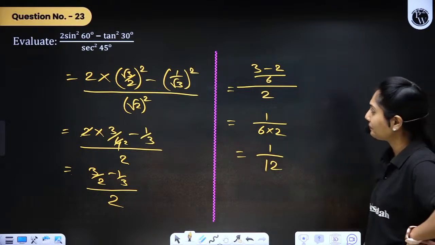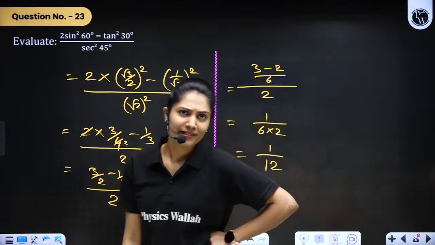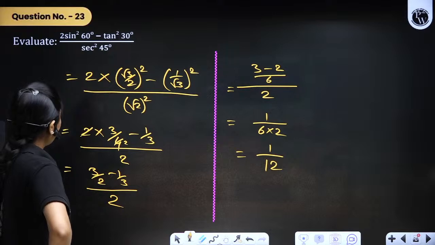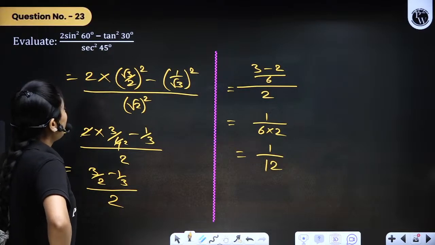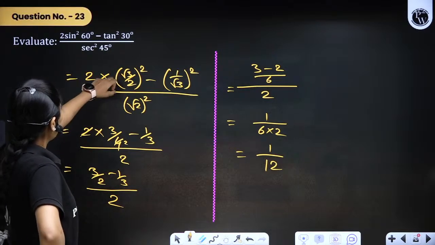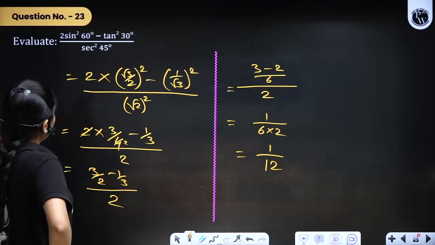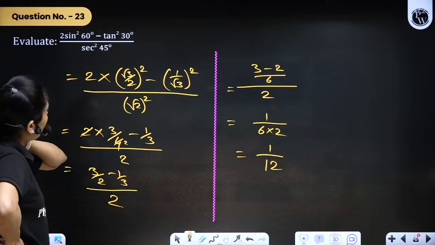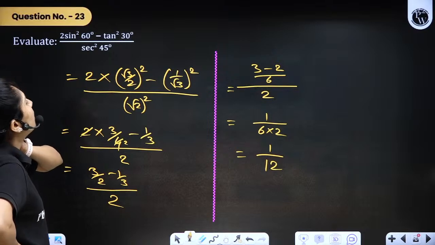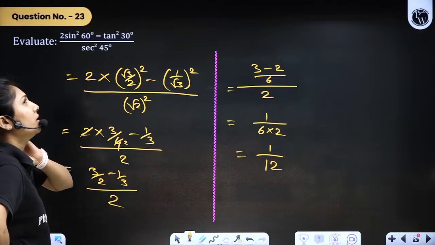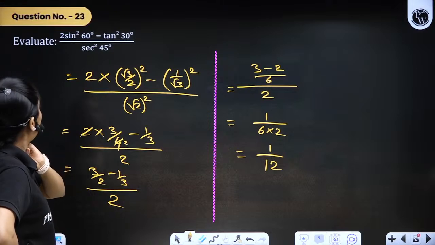Okay, 7 by 12. How come? We did something wrong or what? Yeah, it's root 3 by 2. Root 3 squared is 3, 2 squared is 4. 2 into 3 by 4 minus tan 30 is 1 by root 3.